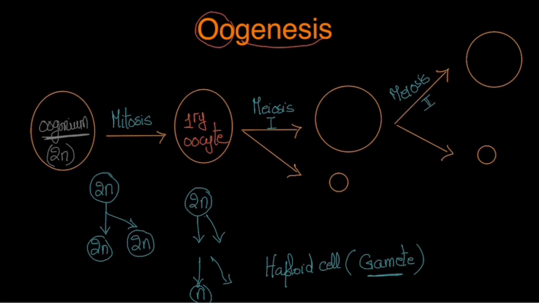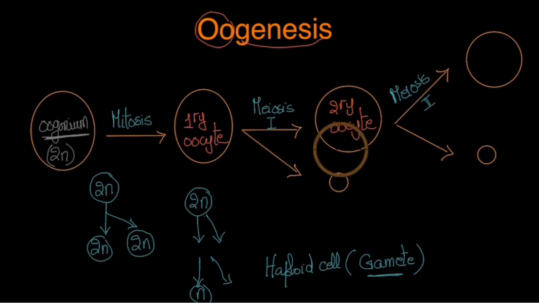Those are the 2 successive cell divisions that will result in the production of the haploid cells, which are going to be responsible for the fertilization. The primary oocyte, once it passes through meiosis 1, we're gonna call it the secondary oocyte. Only one secondary oocyte will result from the meiotic division, and you see on here.